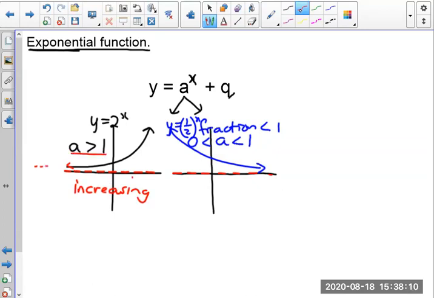Can you see if you come from the left side and you hit the graph with your bicycle? You are going up, increasing. And if it's a fraction there, if you hit the graph, then you go down. So this graph is decreasing.